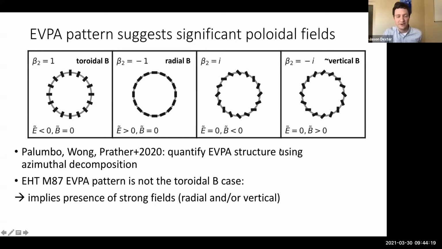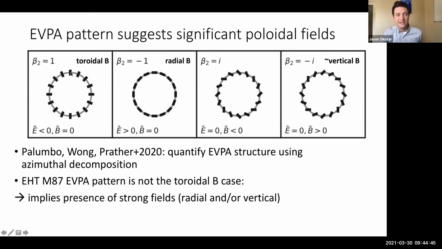Okay, so this is a really important development for our interpretation, because it lets us quantify the pattern that we observe and compare it to what we get from theory. Okay, and then the basic qualitative case is that if we ignore Faraday rotation for a second, which I've told you is important and we'll return to that, then we can say we don't see this pattern over here in the top left.